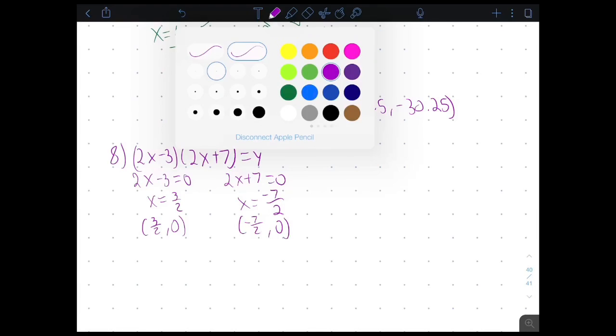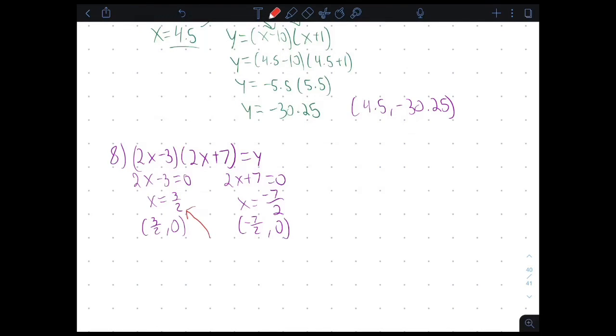And the reason is these are roots. Whenever I had you solving those quadratics before, you were solving for the roots. I just didn't tell you. The roots, which are x-intercepts on a graph. That's why we can just plug in 0 for y, because if we're on the x-axis, then y is going to be 0.